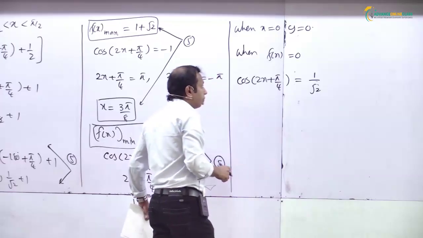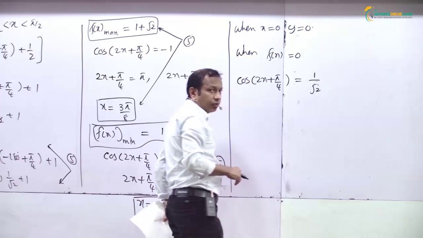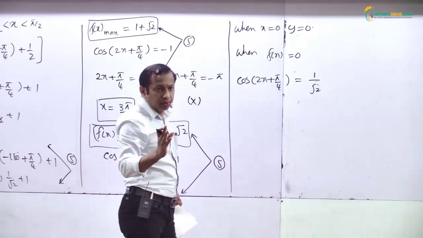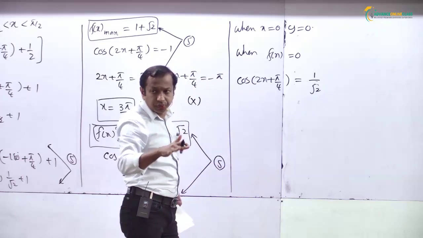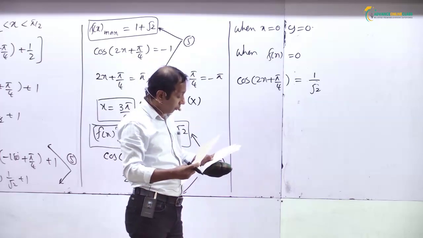Cos of the angle equal to 1 over root 2. What should be the angle? Cos 45 is 1 over root 2, cos minus 45 also is 1 over root 2. Am I correct?